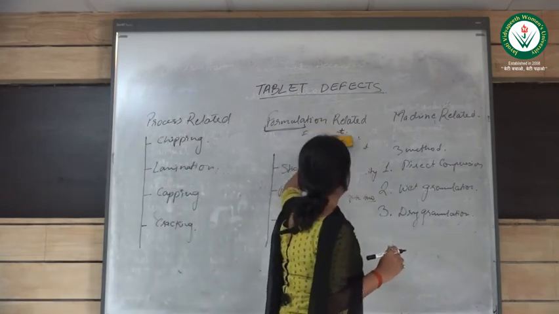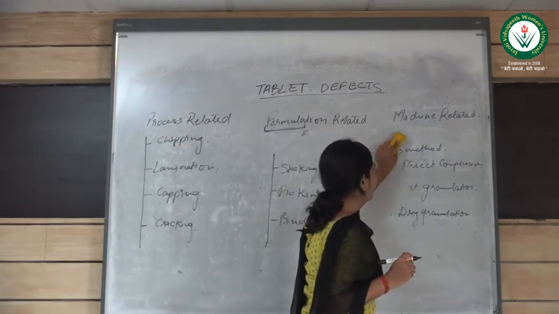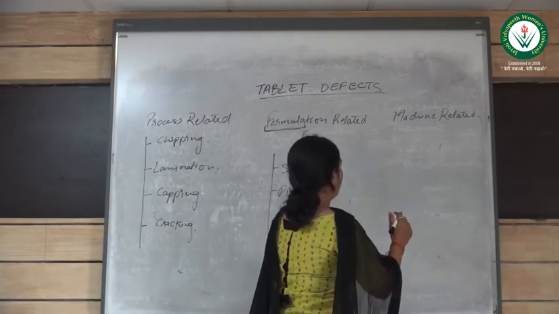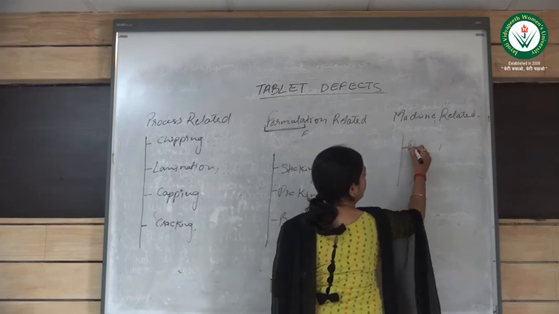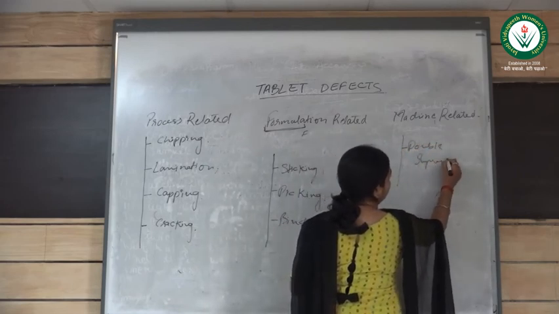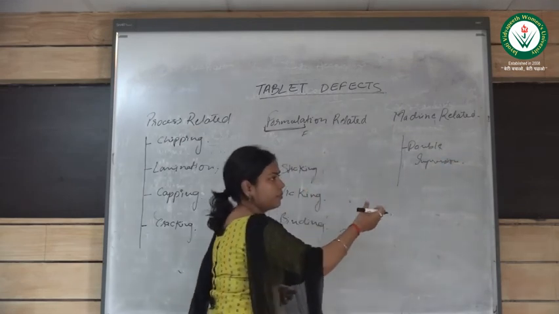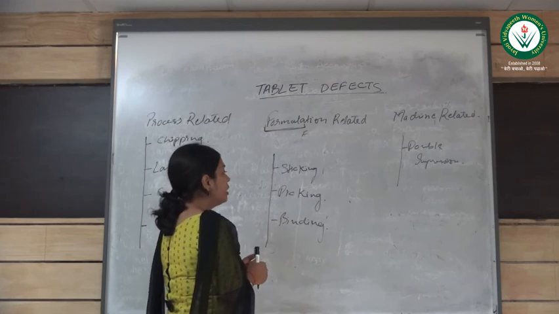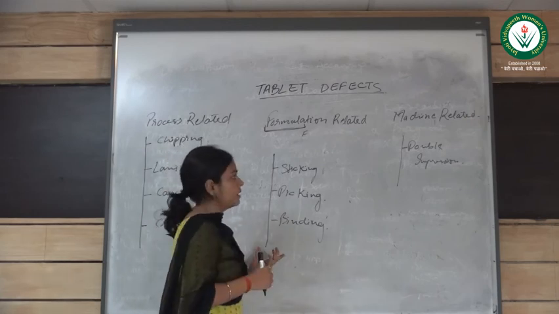Coming to the very last category of tablet defects, that is machine related, which includes double impression. As the name suggests, machine related means there is an issue with the machine, not with your formula or your process.